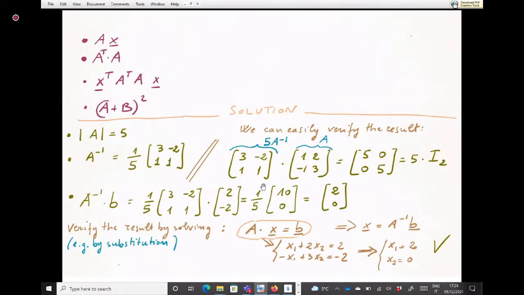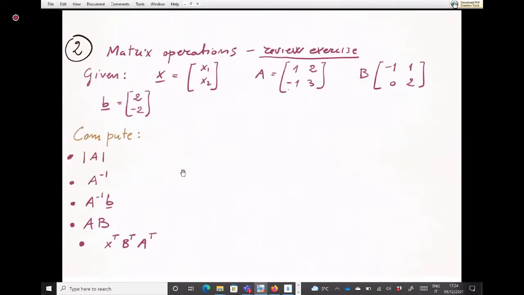Is there any way to check our result? Yes, because this product has a meaning. This is the matrix form in which we can write the solution to a linear system, which is AX equal to B. If A is square with a non-zero determinant, if A is invertible, the system has a solution which is X equal to A minus 1 times B. So if we want to check the solution, we can just write down the system AX equal to B. Matrix A is this one, so it is x1 plus 2x2 equal to 2, and minus x1 plus 3x2 equal to minus 2.